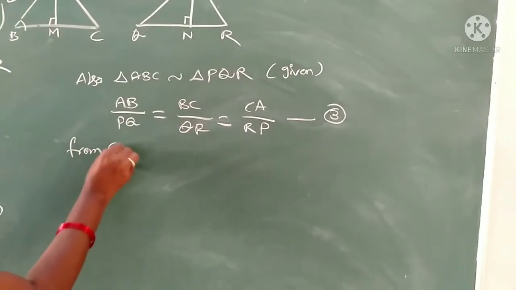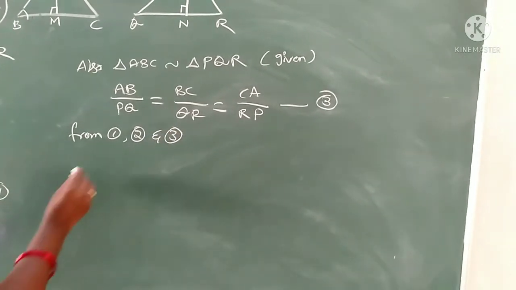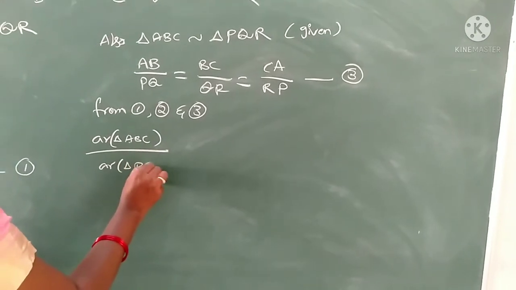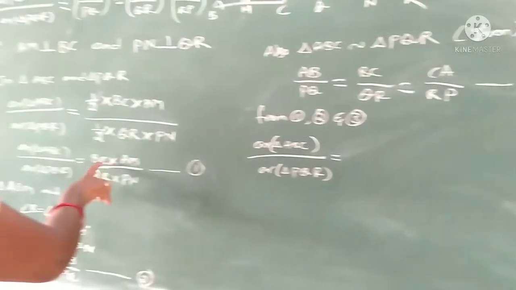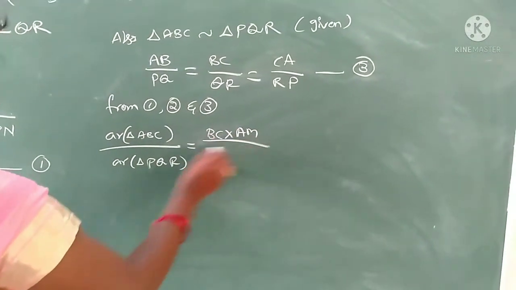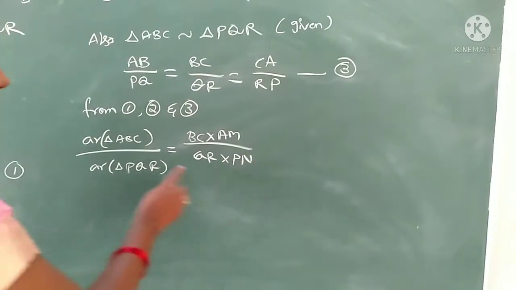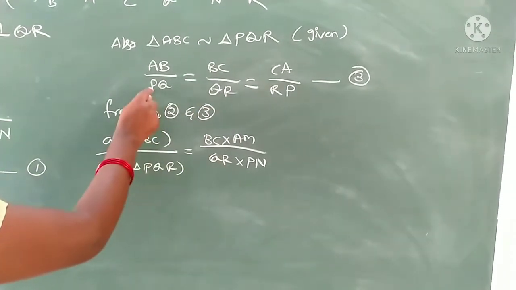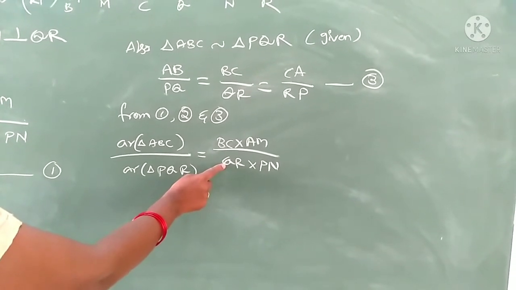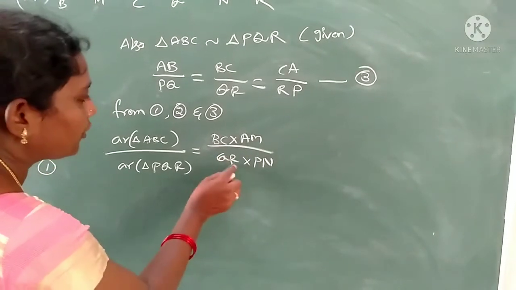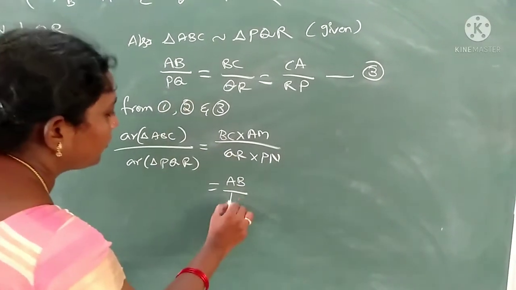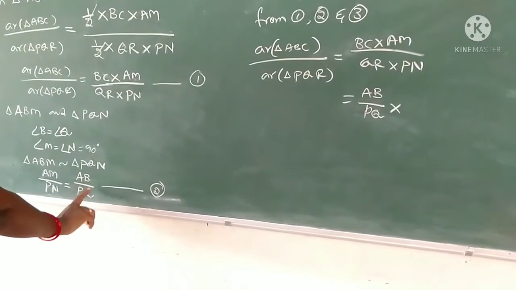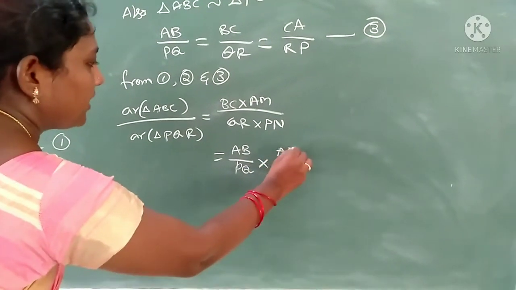From 1, 2 and 3 we get: from equation 2, AM by PN has the value AB by PQ.